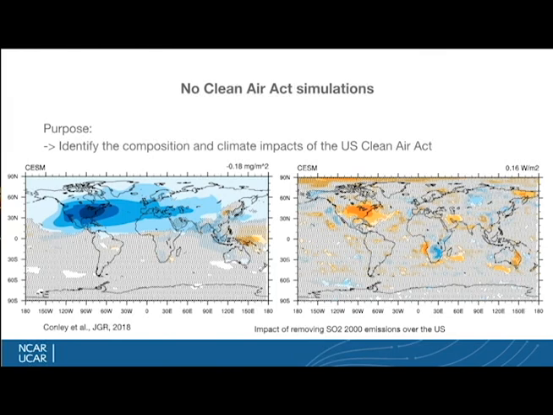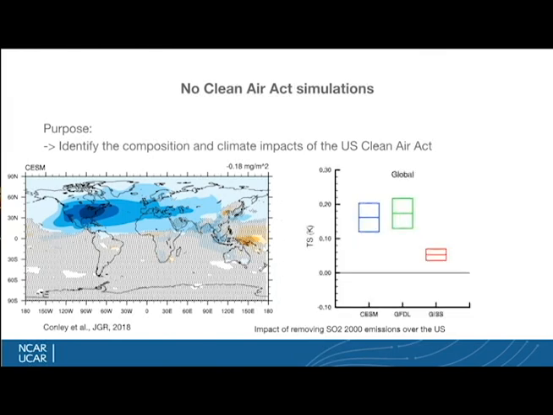Because we did those analyses through fully coupled models, we did them with 3 models, CESM, NOAA GFDL, and NASA GISS models, we have a sense of the impact globally. So we know that it's actually worth doing this experiment because there will be a climate impact attached to it.